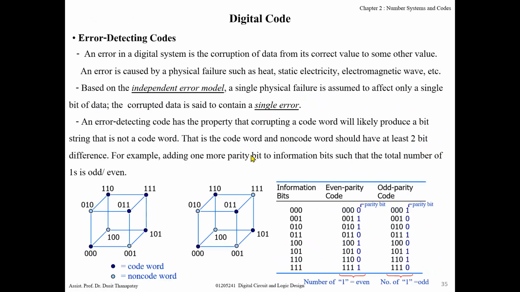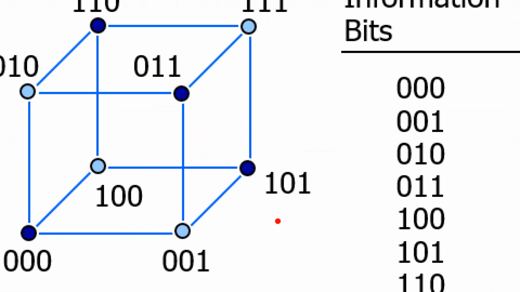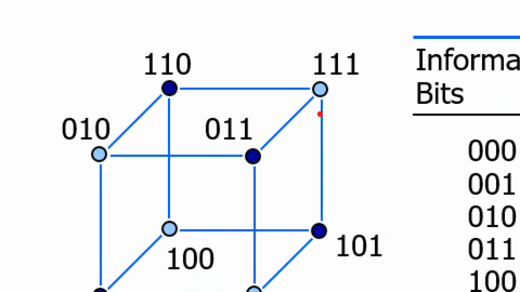What happens if I send this one, and the receiver gets 1, 1, 1? If the receiver knows that this bit is the error bit, that means the receiver can do some correcting by itself, right?